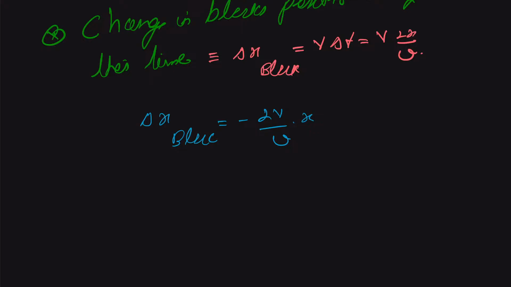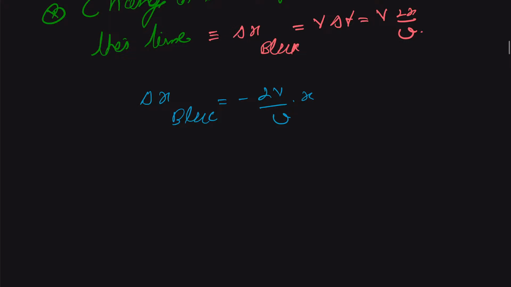Now we can write it in terms of a differential equation also. So we get dx upon dn equal to minus 2V upon v times x.